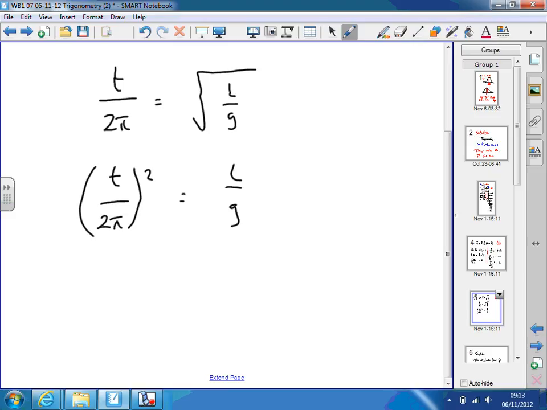The length L is divided by G, so multiply by G to get rid of it. And we're left with L equals G times T over 2 pi squared. I've just written it the other way around with L, the subject, first.